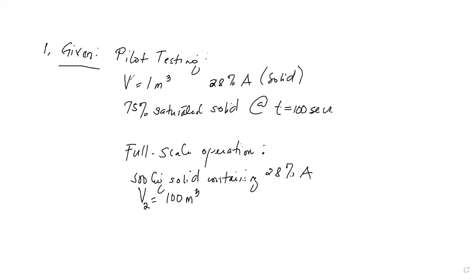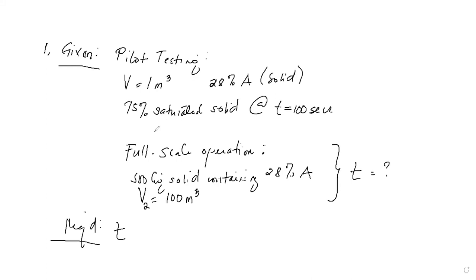Now, how long will it take for the solute to dissolve, assuming conditions are equivalent to that in the pilot scale vessel? So if this is your full scale operation, you are asked here for the time. So you are asked for that time in the full scale operation to have the same recovery, meaning 75% of your A in your solid must be leached out in that case.